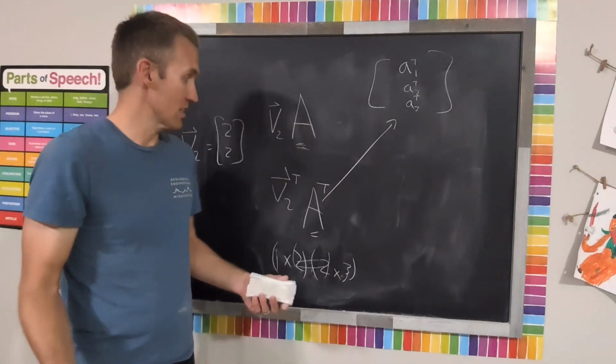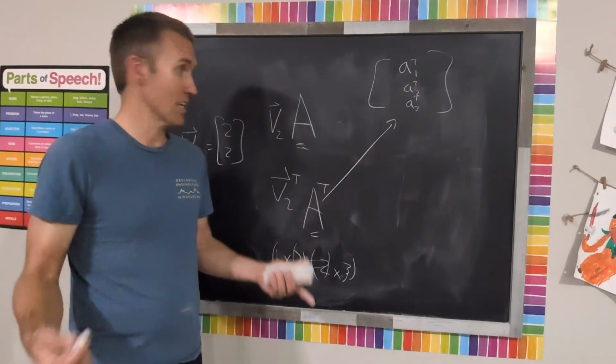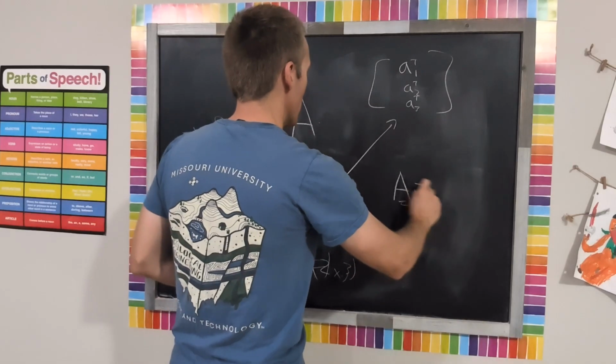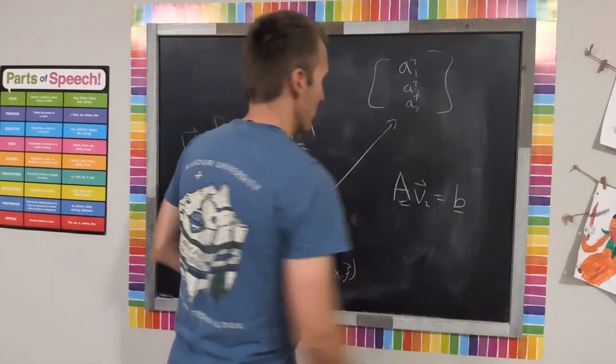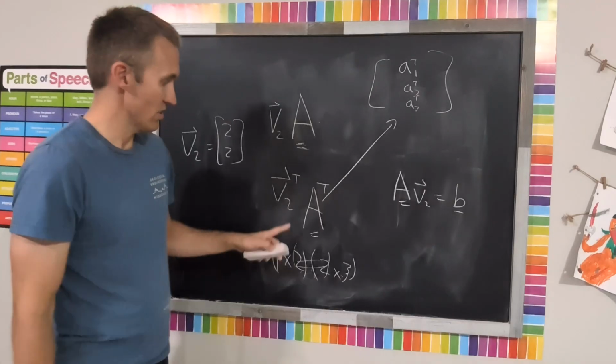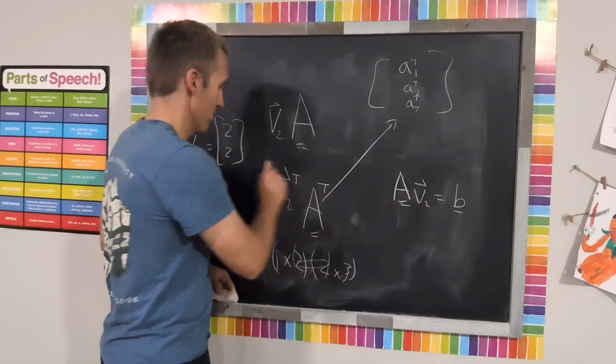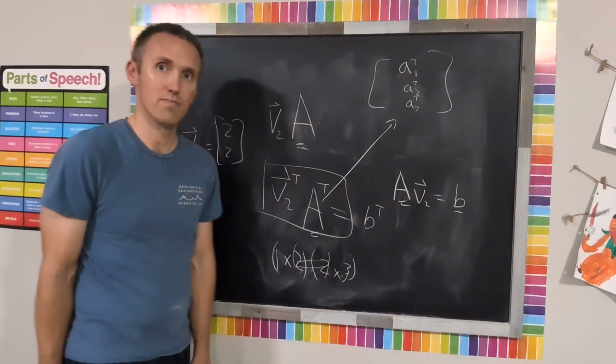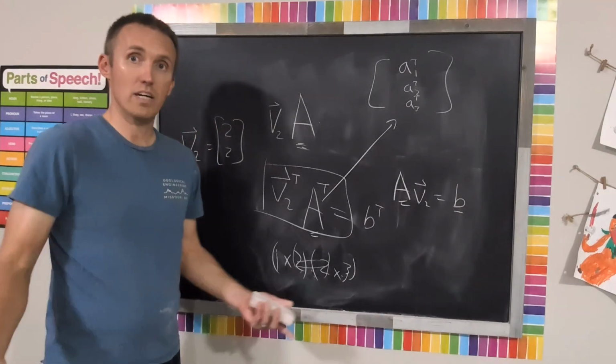It turns out this is going to be actually just the exact same thing. So we had A times B2 is equal to B, right? So it turns out that this quantity is going to equal B transpose. And the reason is because of an identity.